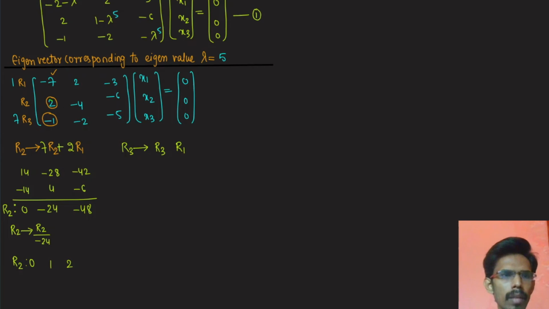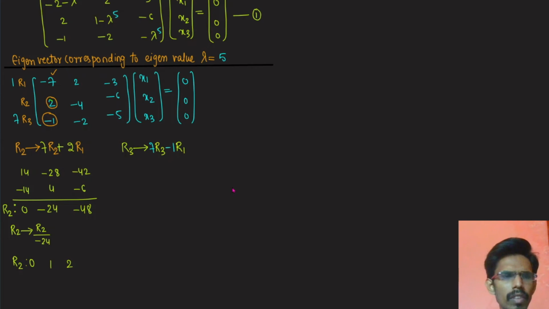These elements, minus 7 and minus 1, both have a minus sign, that is the same sign. So for the same sign I put minus in between them. So here I have 7 R3, 1 R1, put the minus sign.